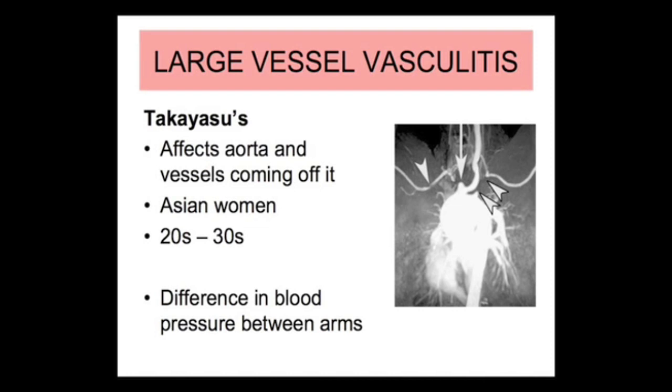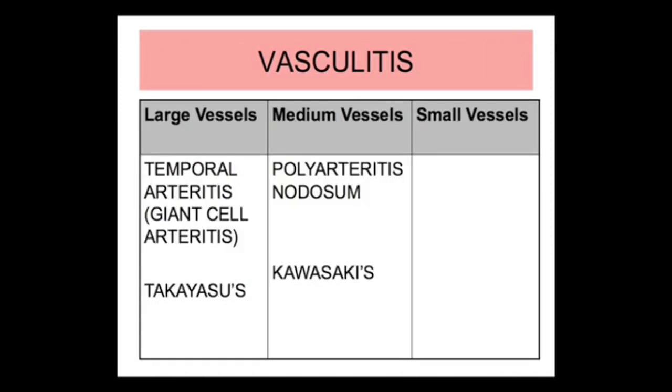Now, you would think that this would cause major symptoms in the patient, but because collaterals are able to form, the patient often doesn't have any symptoms at all, apart from the usual systemic ones of tiredness, myalgia, and sometimes a fever. So often these patients are actually diagnosed incidentally when they have their blood pressure measured in both arms, and there's a marked difference between them. So that is the two large vessel vasculitides.